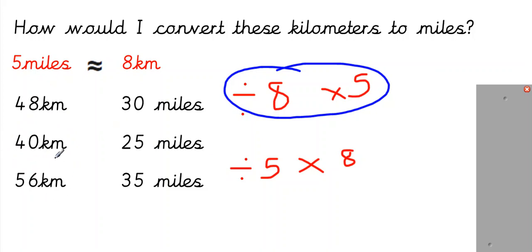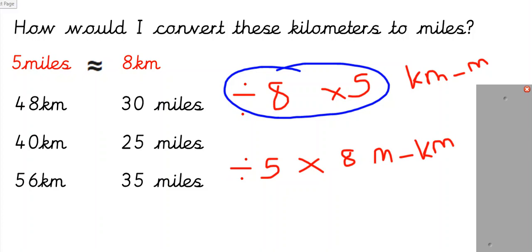And then the last one, 56 divided by 8 is 7. Multiplied by 5 is 35. So remember, if you're dividing by 8 and multiplying by 5, you're going from kilometres to miles. And if you're dividing by 5 and multiplying by 8, you're going from miles to kilometres.